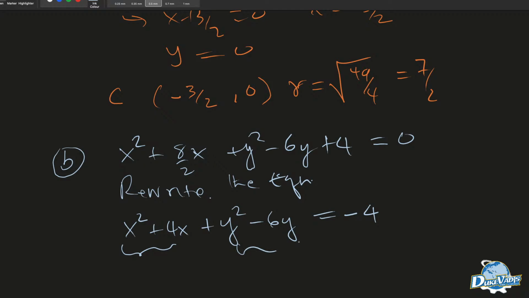So when we do that, we divide this one by 2, so this one will be x plus 2 squared, then we say minus 4 over 2 squared. Here it will be y minus 3 squared.